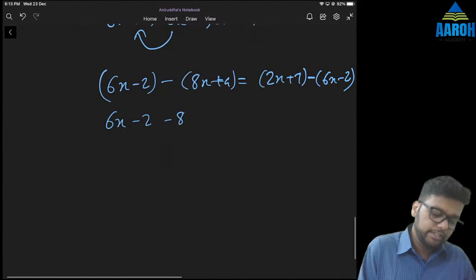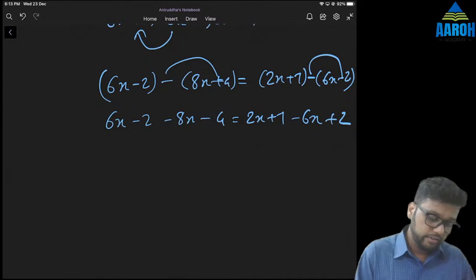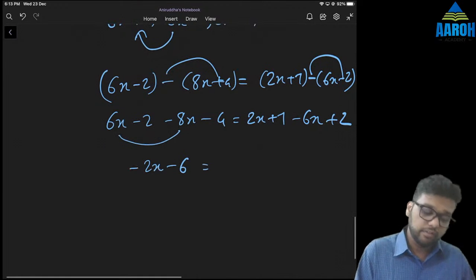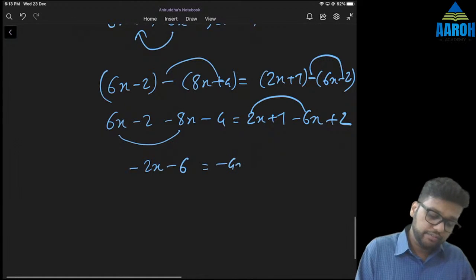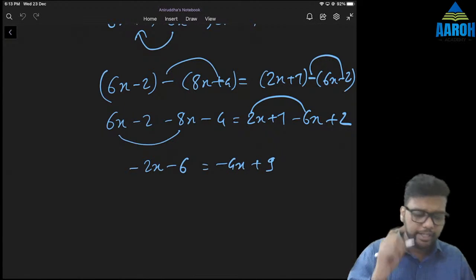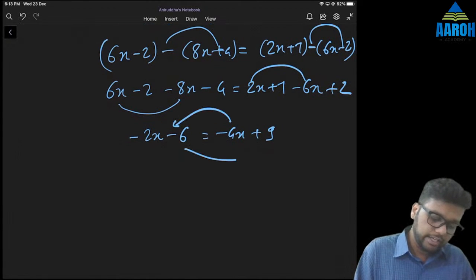6x minus 2 minus 8x minus 4 is equal to 2x plus 7 minus 6x plus 2. Fine. 6x minus 8x is minus 2x minus 6 is equal to minus 4x plus 9. Then let's take this here and this here.